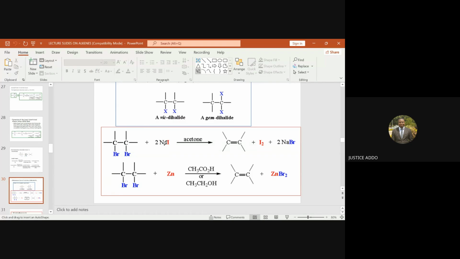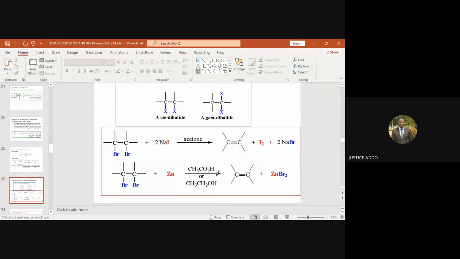Apart from sodium iodide in acetone, you can also use zinc in acetic acid or zinc in ethanol. I indicated right from the beginning of the class that where we have gotten to, pay attention to the starting material, pay attention to the reaction conditions, and then the expected product.